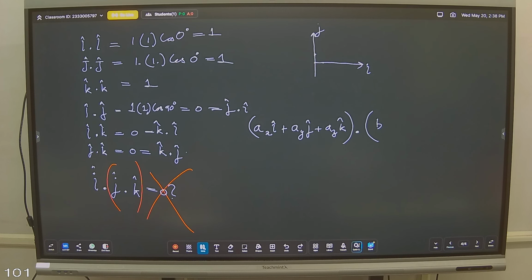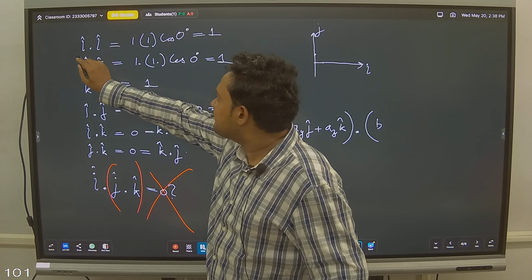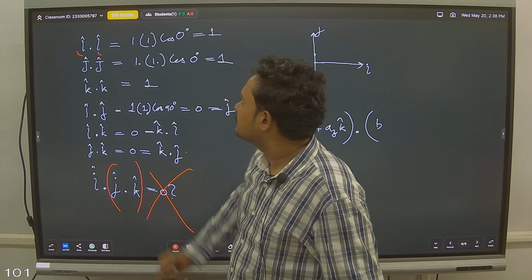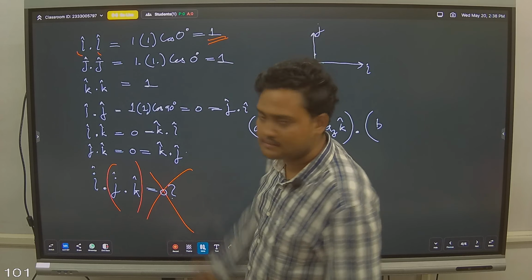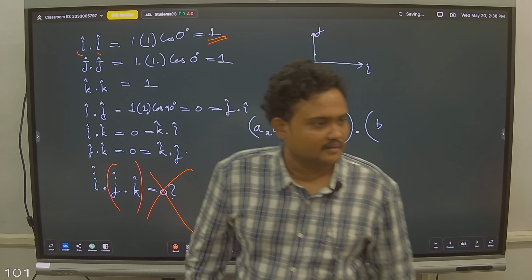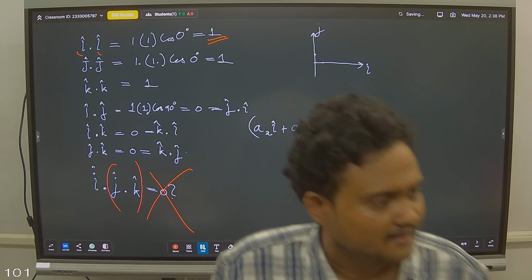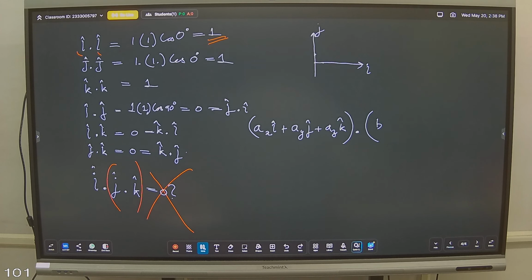Yes. These are vectors. This is a vector, this is a vector. The resultant is a scalar. So were you not following that? I said very, very expressively that you get scalars when you take dot product.